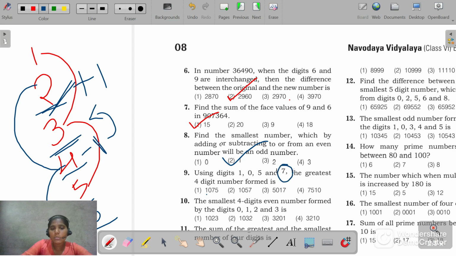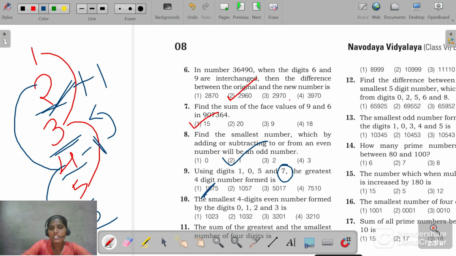Whenever we focus on the options, the first digit of the greatest number should be the highest. Here the other options start with 1 and 5, and here it's 7. So from this itself, without even using our brains, we can directly mark this option as the correct one, as there is only one option with 7 as its starting digit.